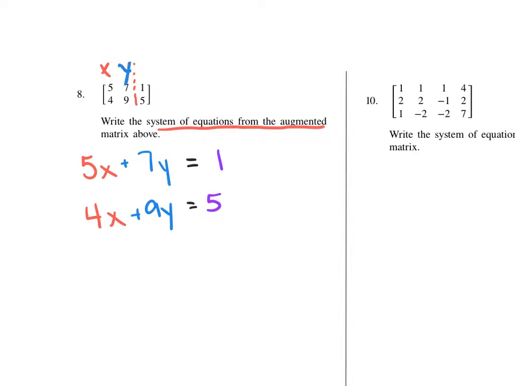Another way we could do it, though, is using the general form, which uses the only variable x and we subscript them.